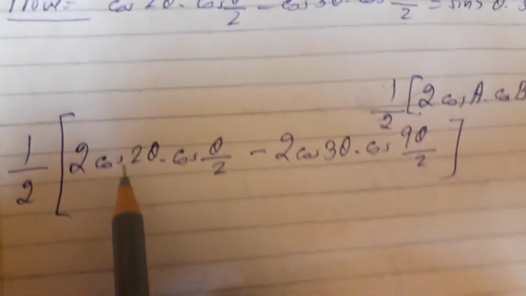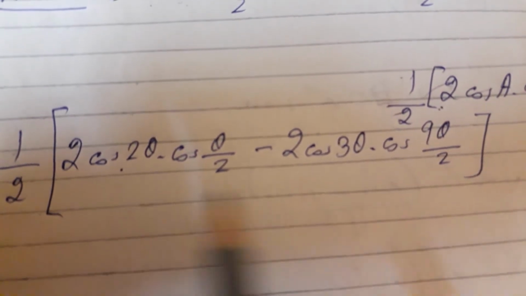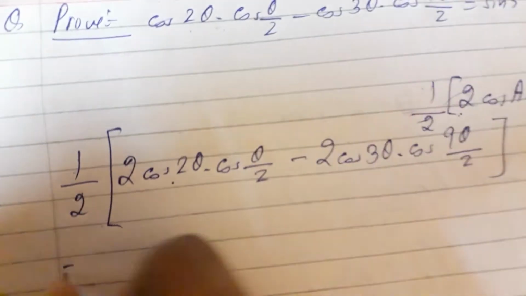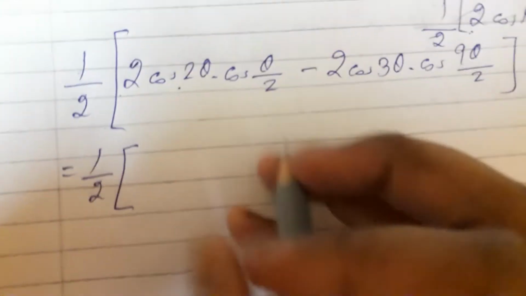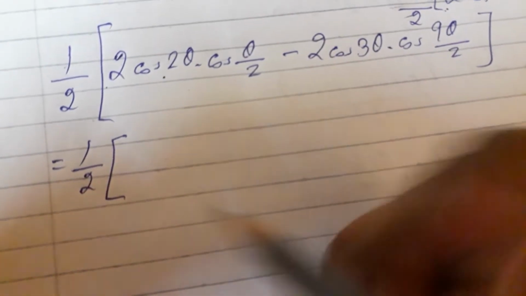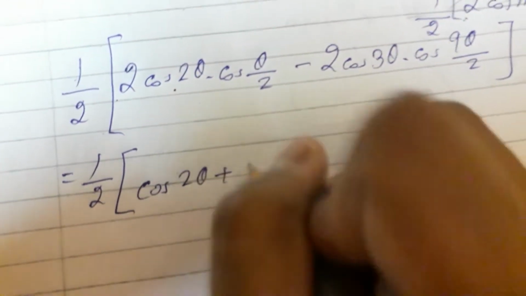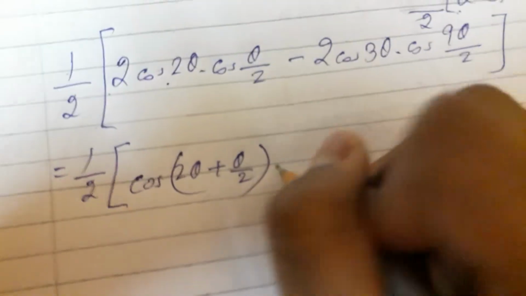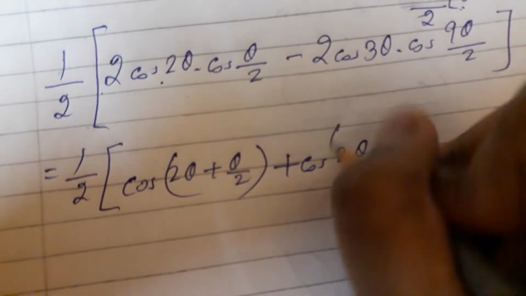Now see, we all know that in cos, same means cos. In the next step we have to apply the formula, that is 2 cos A cos B means cos (A plus B) plus cos (A minus B). So cos (2 theta plus theta by 2) plus cos (2 theta minus theta by 2), isn't it?